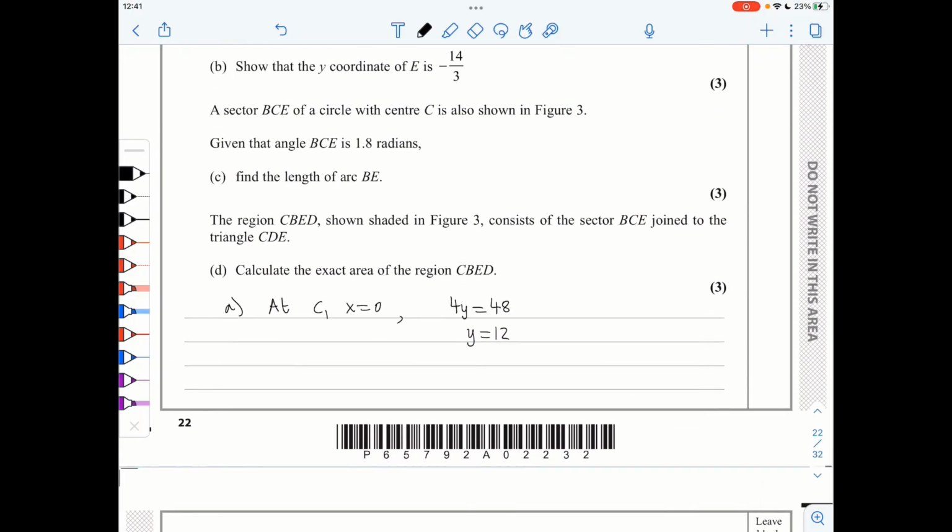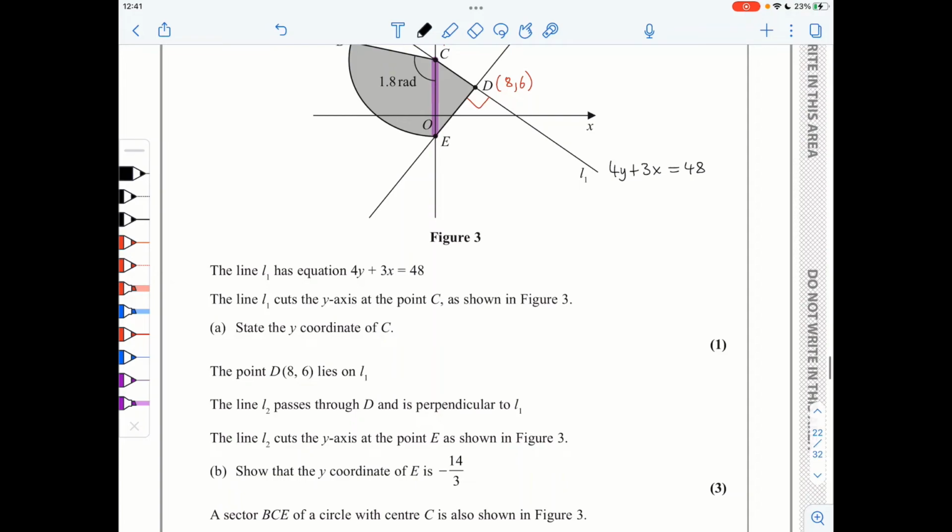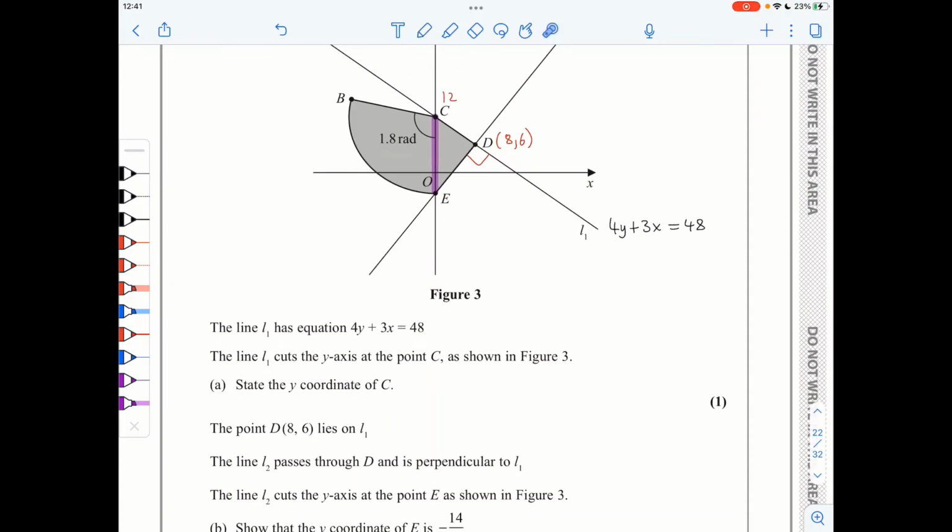And then part D, we need to calculate the exact area shown shaded here. We can easily analyze this into a sector. We know the formula for the area of a sector. It's a half r squared theta, when theta is in radians. And then we need the area of this triangle. Now for this triangle, I could consider this to be the height and CE is the base.